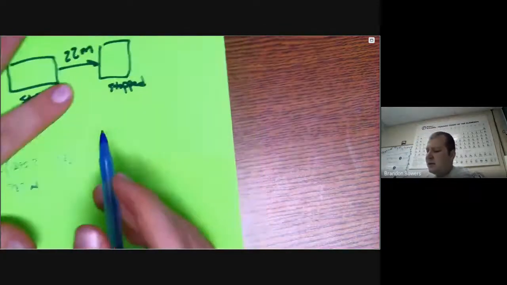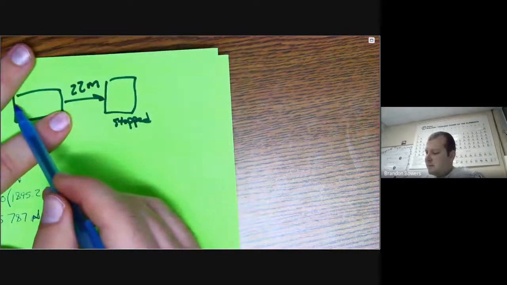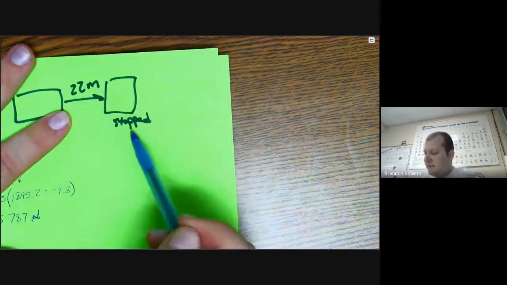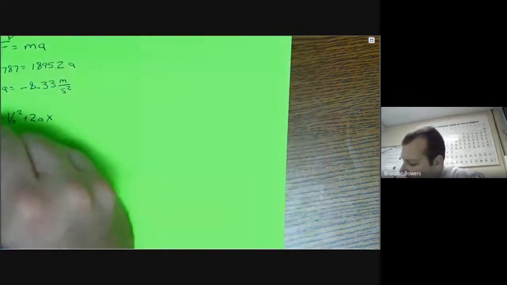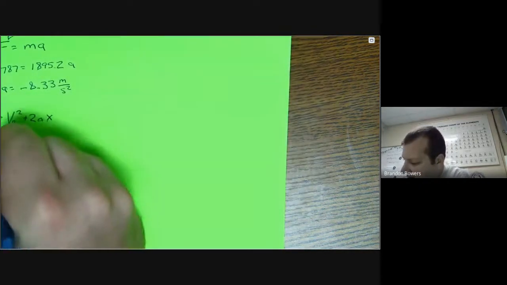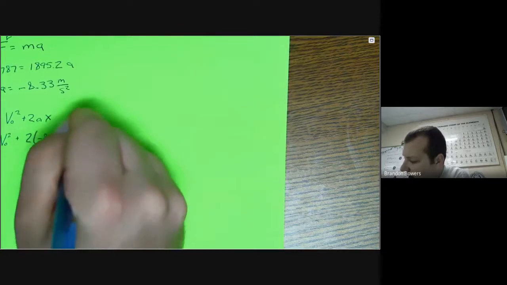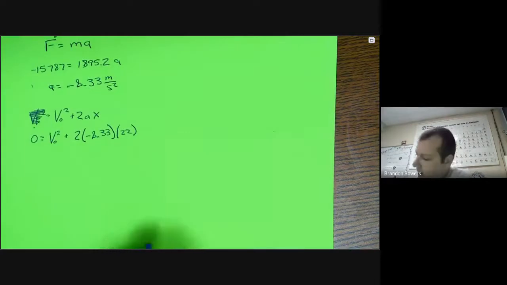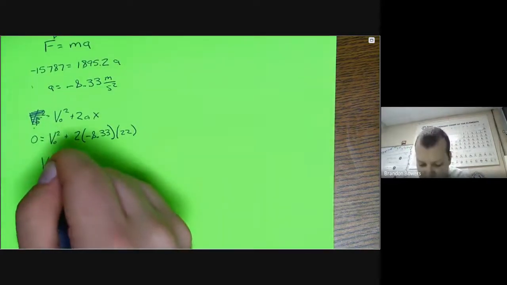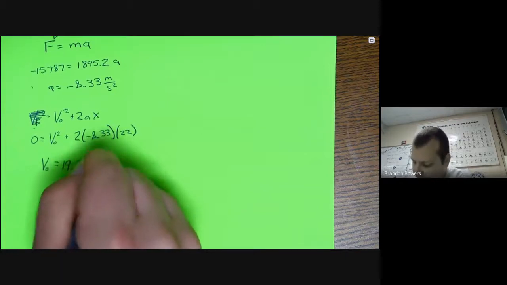After the collision, it eventually came to a stop, so velocity final is 0. Velocity initial is what we're solving for, plus 2 times a, which was negative 8.33, times x, which is 22. So when you solve for the velocity initial, you should get a number around 19.1 meters per second.